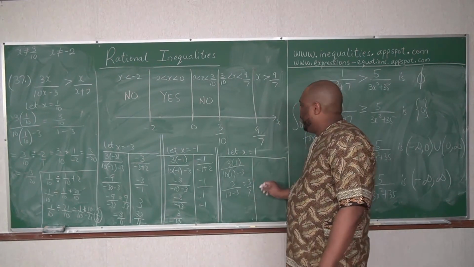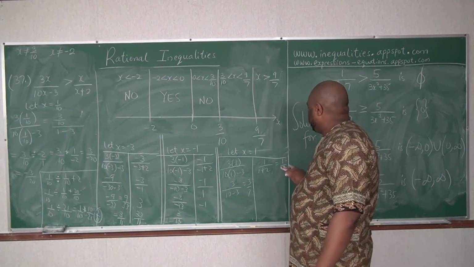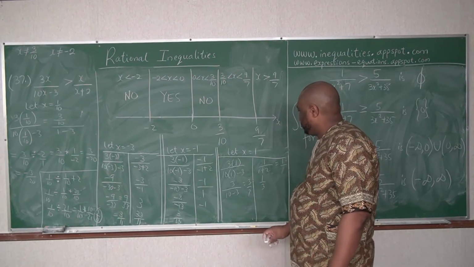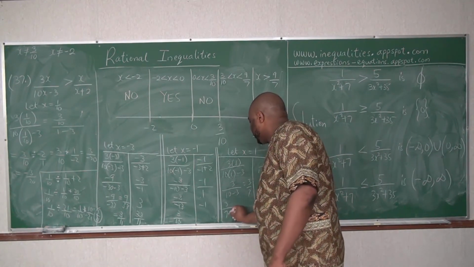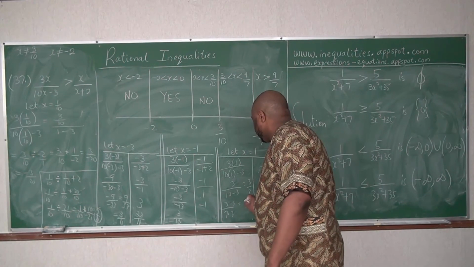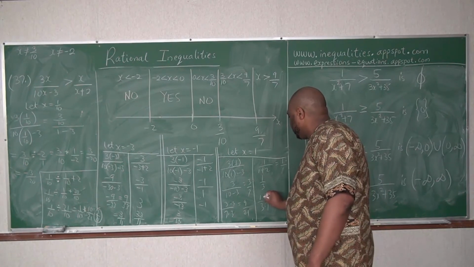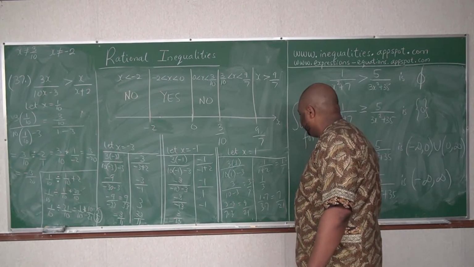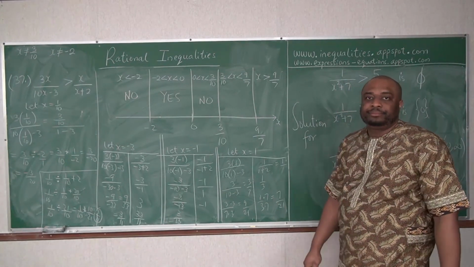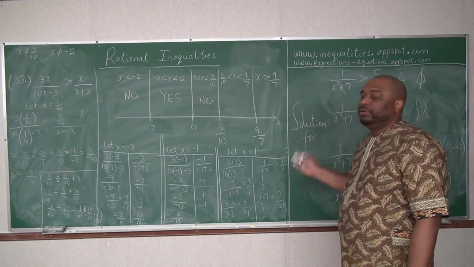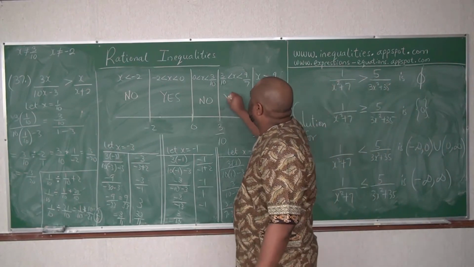And on the right we have 1 over 1 plus 2, which is 1 over 3. So 3 over 7 and 1 over 3. This is times 3 times 3, and that gives us 9 over 21. This is times 7 times 7, and that gives us 7 over 21. 9 over 21 is greater, 9 is greater than 7. So 3 over 7 is greater than 1 over 3. So this is yes.